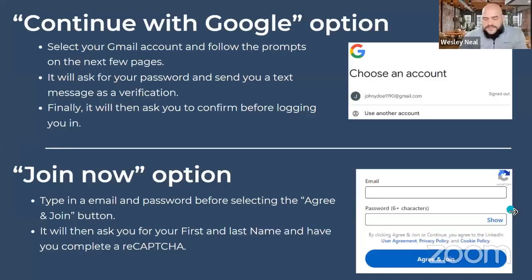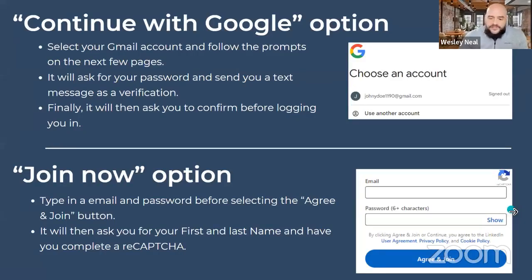I went ahead and split this up here. At the top, the Google route, if you already have a Gmail account, is in a lot of ways a lot quicker because you already have a lot of that information saved, such as passwords. And this is an opportunity to stop and talk about whether you want to utilize that process.